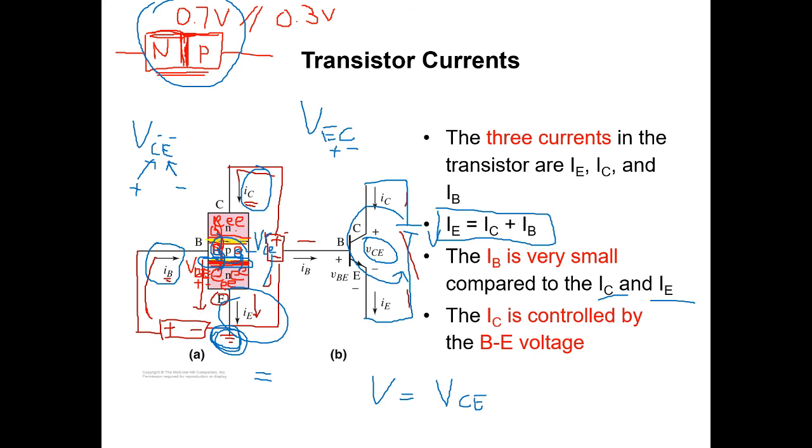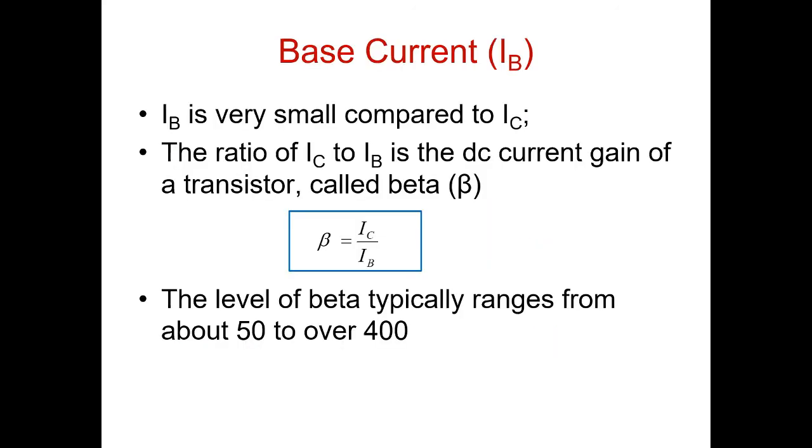Right, IB is very small compared to IC. If you have an NPN transistor, you know that this end is collector, this is base, this is emitter.